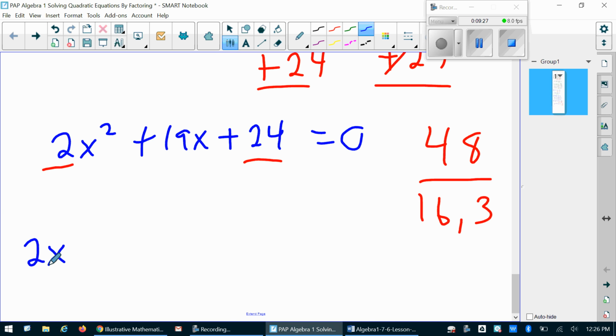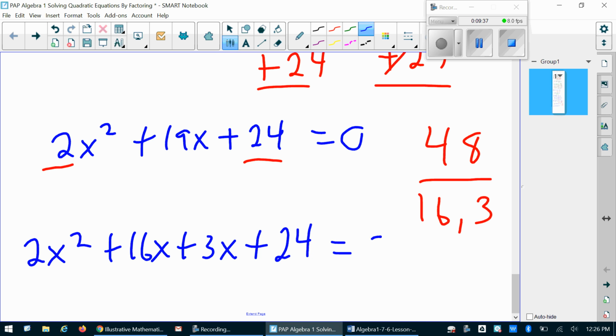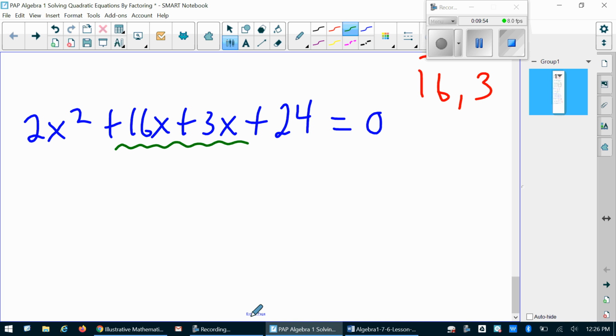Next step, rewrite the original equation, but rewrite it just a little bit differently. So notice I rewrote 19x as 16x plus 3x. So I haven't changed anything in terms of equivalence. These are the exact same equations. They just look different.